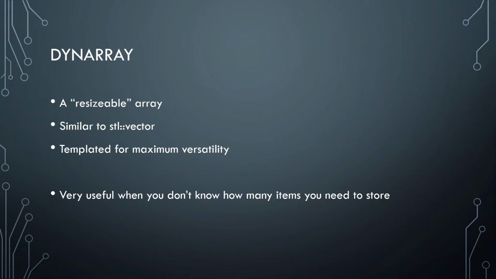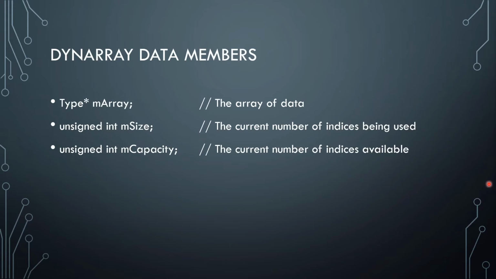This class is going to have just a couple of data members. The only ones we're going to have are a pointer that is going to point to a dynamic array.